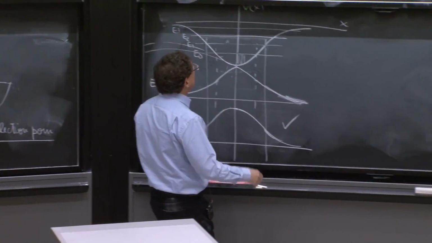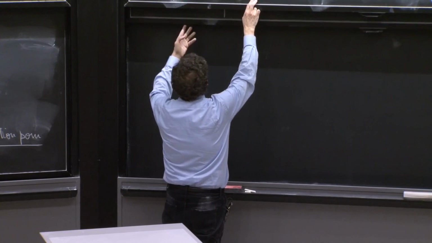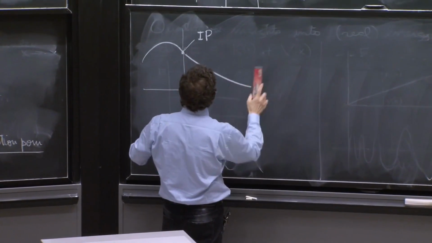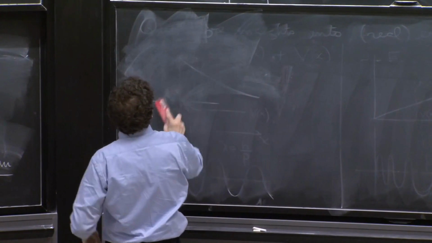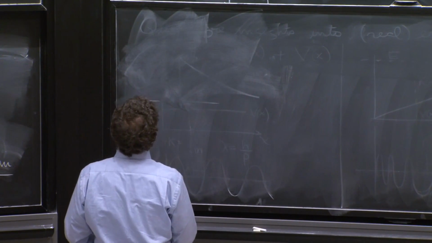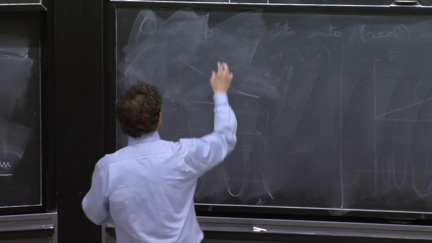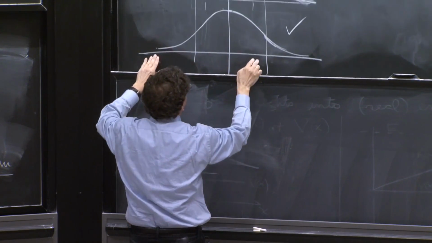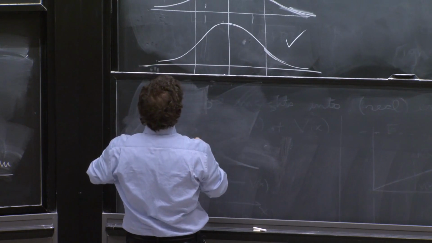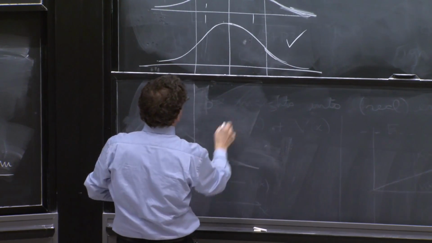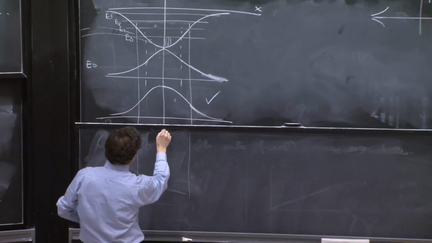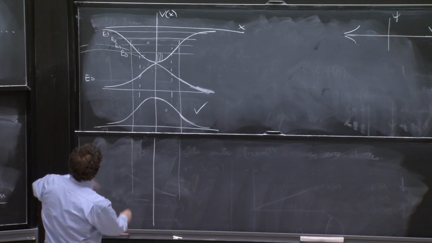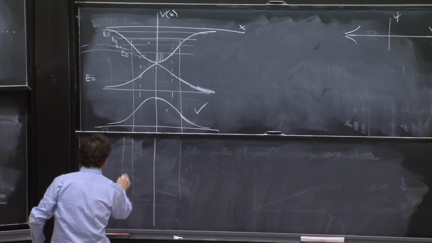Let's go a little further. This graph continues there. Now I want to go to E2. How am I going to do that? I'm going to do it this way. So this was here, this was there. There's the vertical line here. And for E2, the turning points are even further out.